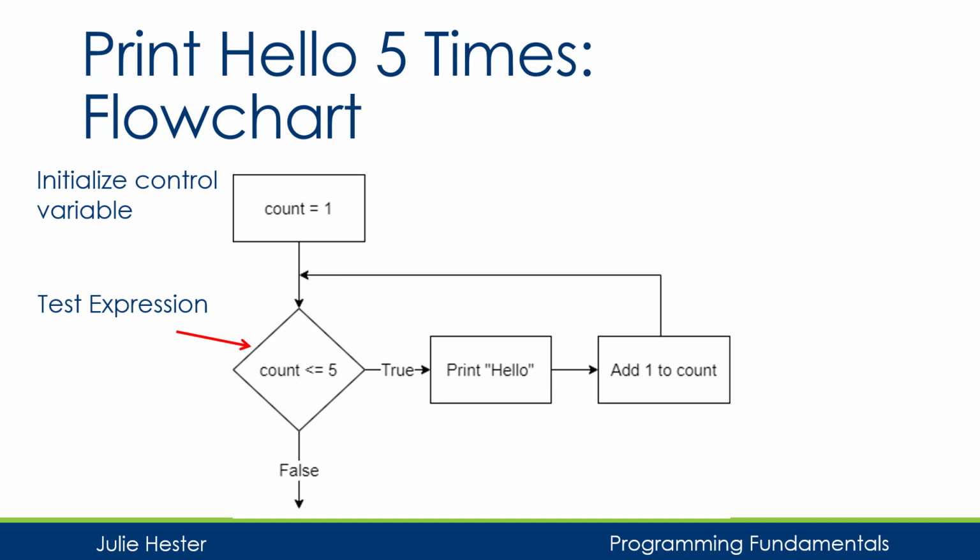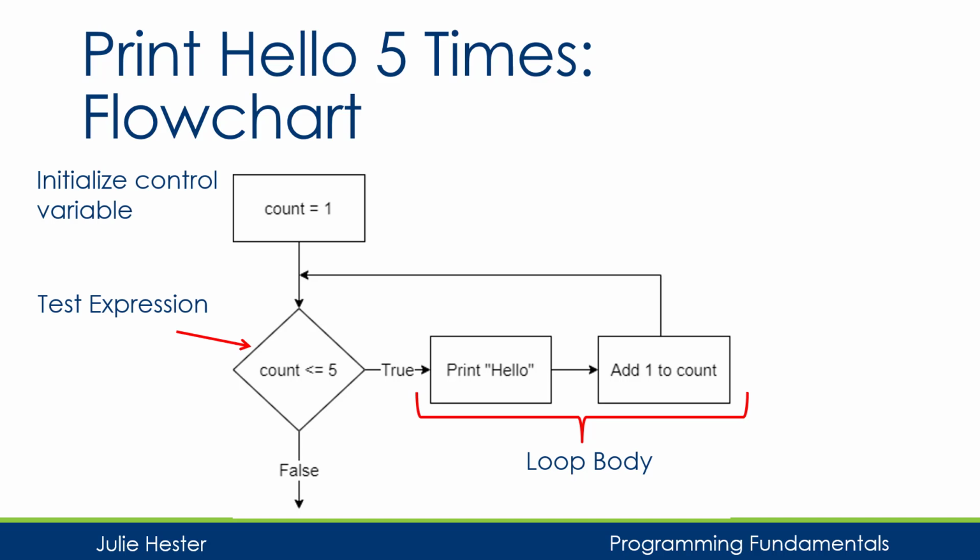Now I'm going to begin the loop by testing the value of count, or comparing its value to 5. So in this case, my test expression is count less than or equal to 5. If count is less than or equal to 5, and that test expression is true, then I'm going to execute the loop body, and those are the 2 processes on the right.